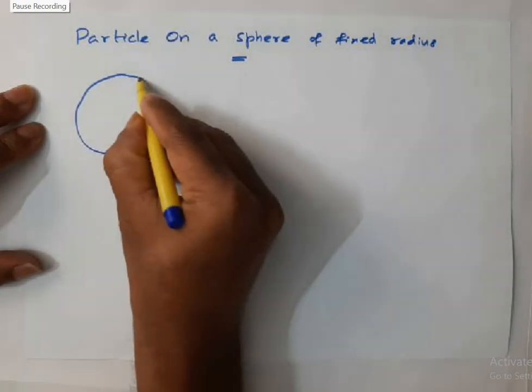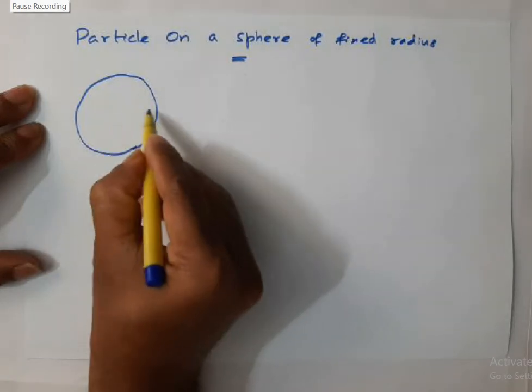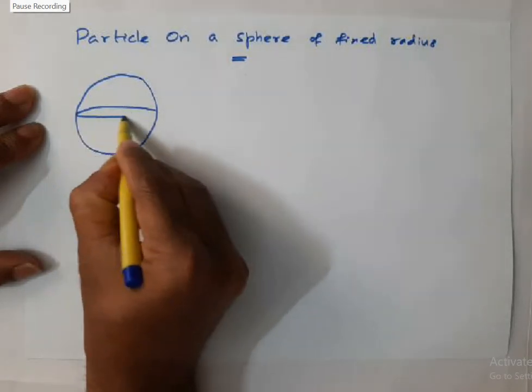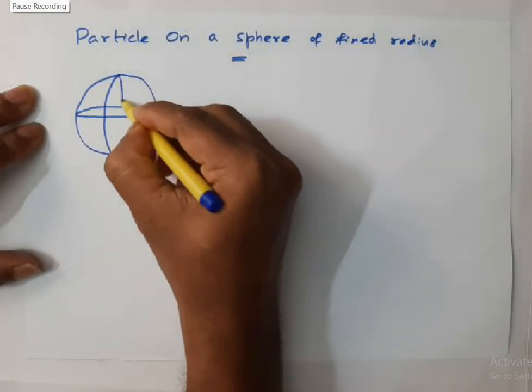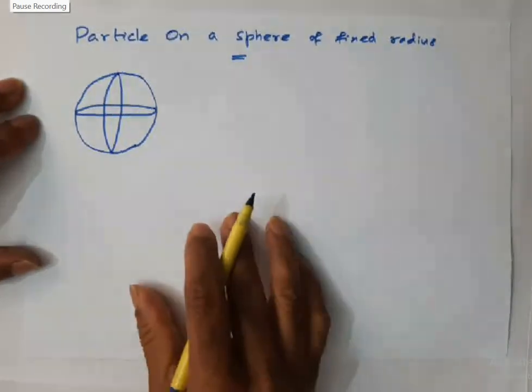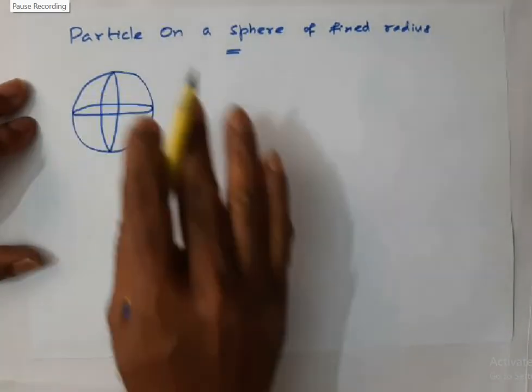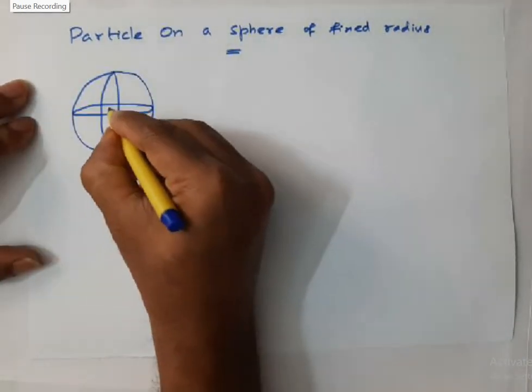Let me draw a sphere. Assume that the particle is moving on a sphere. This is the origin.